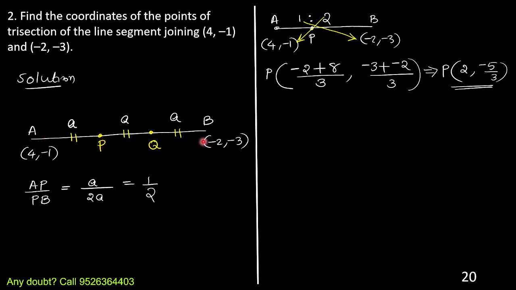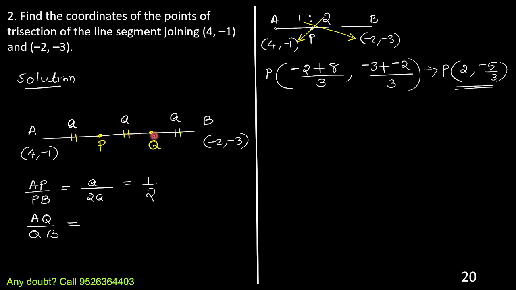AQ is to QB. What is the ratio? Let me write here, AQ is to QB. Because Q divides AB in some ratio. Understood? That ratio I want to find out. Look at that picture. AQ will be a plus a.